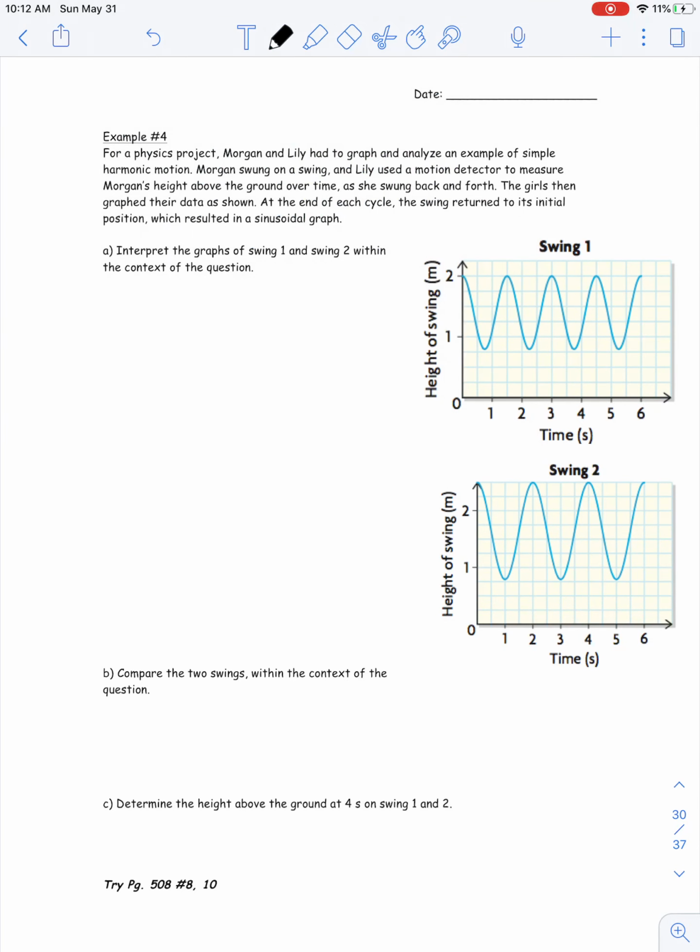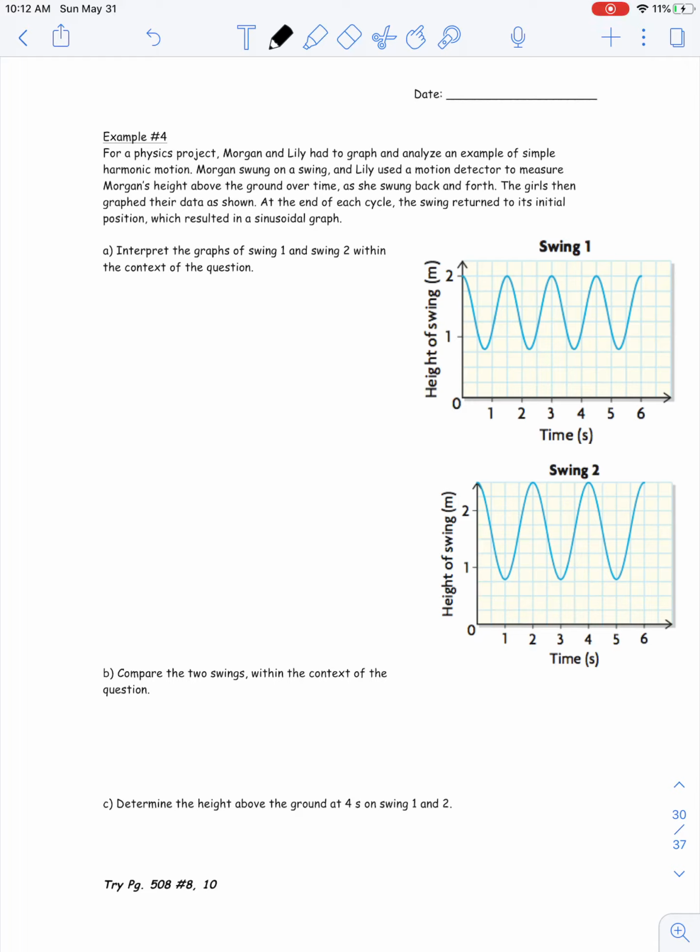Example number 4. So we have 2 swings that we're comparing. It says that they have graphed an example of simple harmonic motion. Morgan swung on a swing and Lily used a motion detector to measure Morgan's height above the ground over time as she swung back and forth.